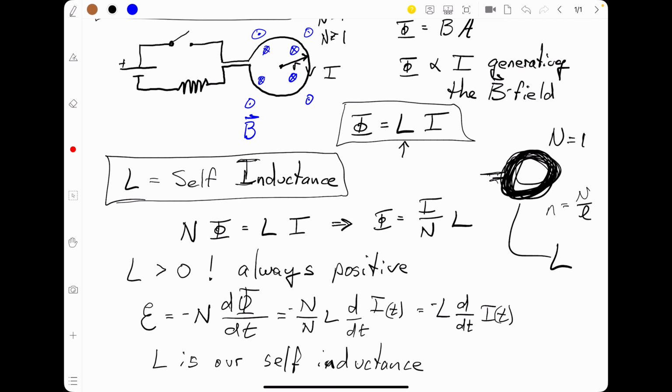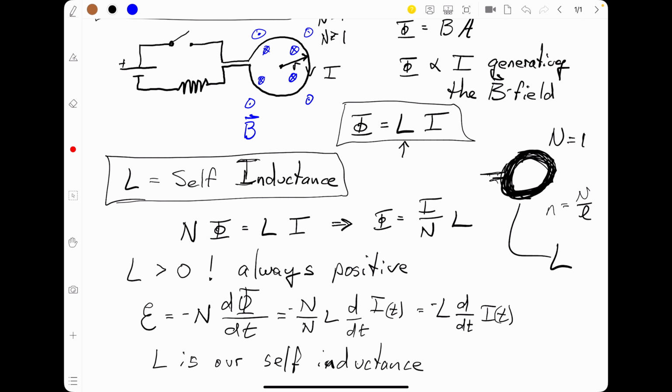No matter what happens, that item has L. And I'm going to clean it up a little bit, makes a nice neat inductor there. Cool. So that gives our inductance L. It's our self-inductance. It's just a thing that has inductance.